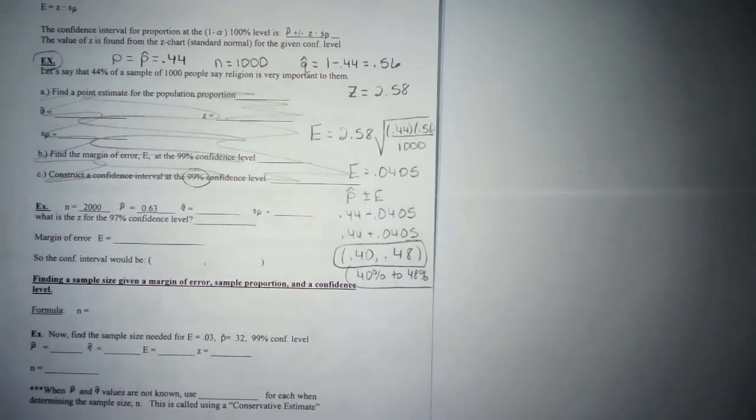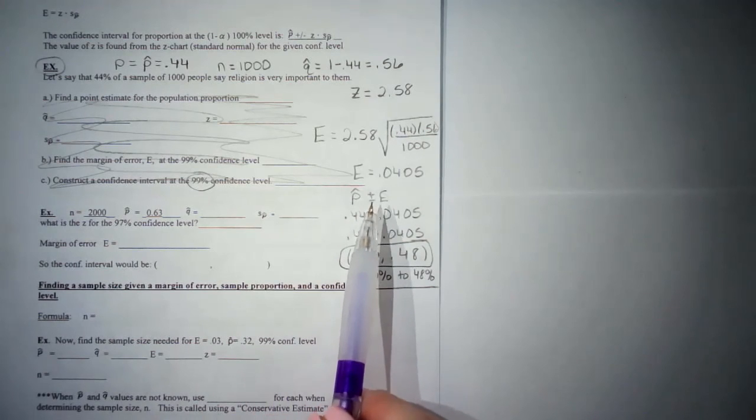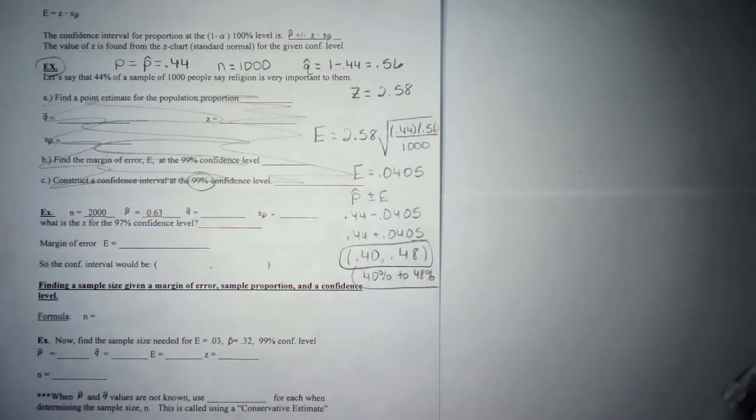That might be another option depending on what they ask, okay? So notice these are a lot smaller because they start out with a p hat, with a decimal, okay? All right, we don't have too much more to do on this. We're gonna have one more finding a sample size where we have to find n. And then we just have a couple of examples on the next page, but this is pretty darn good if I must say so myself.